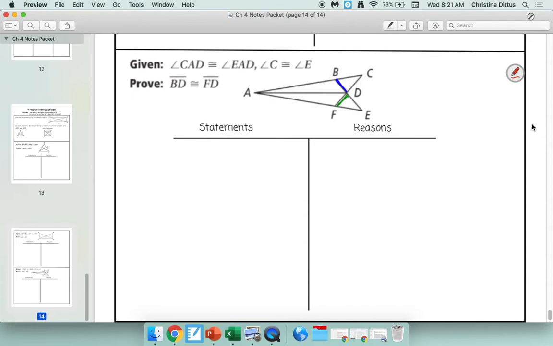If I'm looking at angle CAD, and then EAD, and then this angle C and this angle E, which triangles do you think we might want to use?